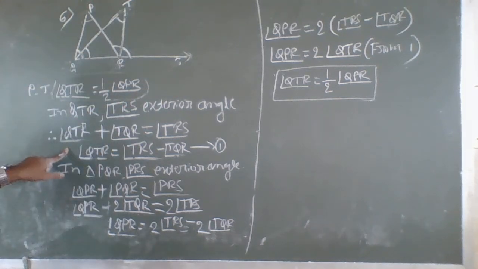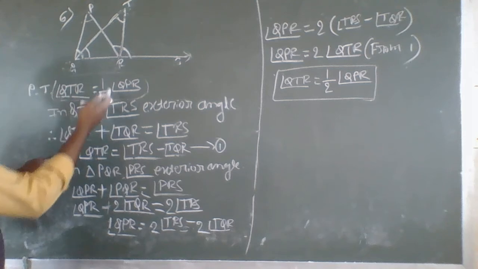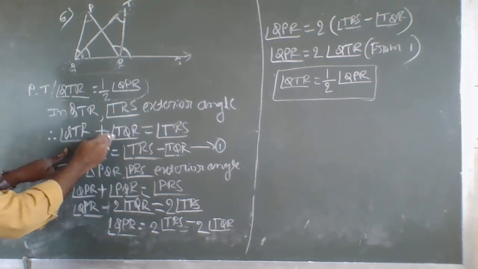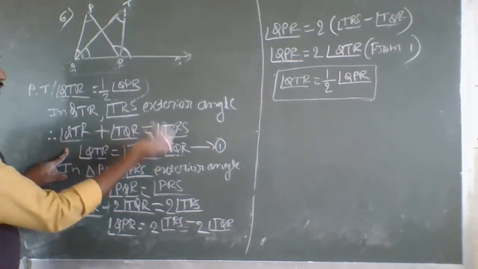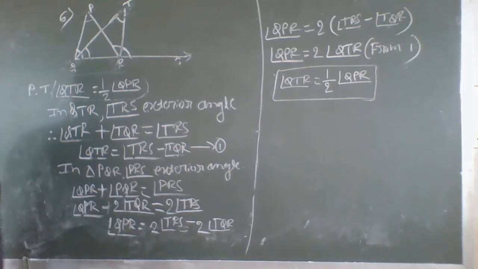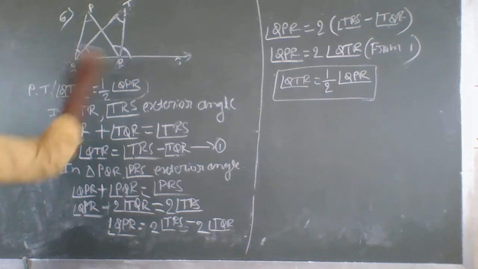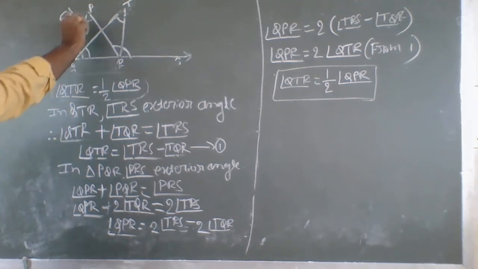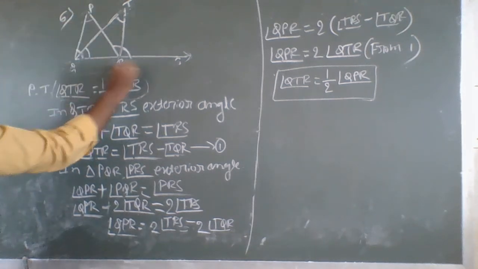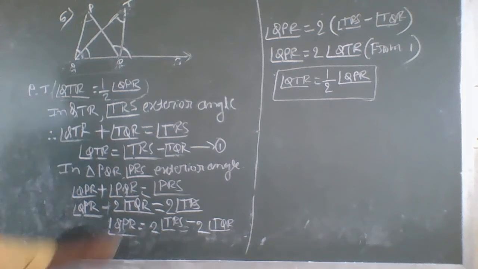So we have to prove angle QTR, therefore I moved this TQR to the other side, and I got the first one. Next, again I will consider another triangle PQR. Here the external angle is angle PRS.